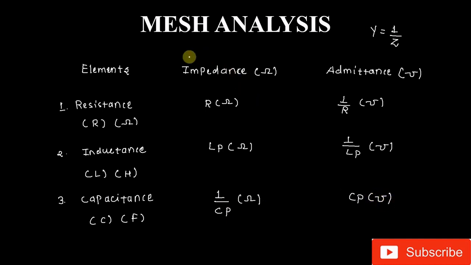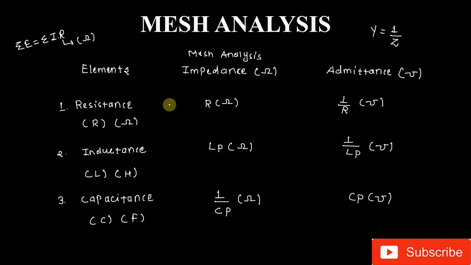So when we use mesh analysis, we will use the impedance values, because it depends upon Kirchhoff's voltage law. According to Kirchhoff's voltage law, the algebraic sum of E is equal to the algebraic sum of IR, where R represents the ohmic value.